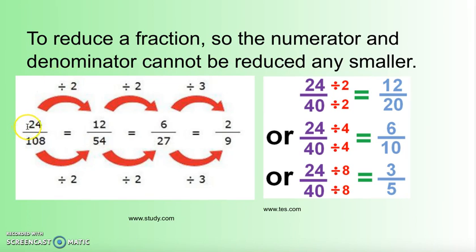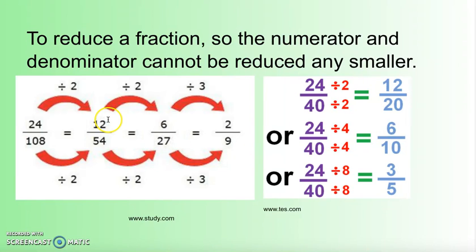So like if I start off with 24/108ths and I divide by 2, well, this is now 12/54ths. I can still divide by 2, so I have to keep going. And then I get 6/27ths. And I notice that 3 goes into both of them, so I can still divide by 3. I keep going until I can't reduce anymore.